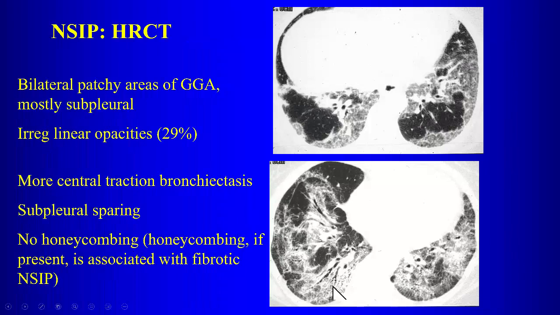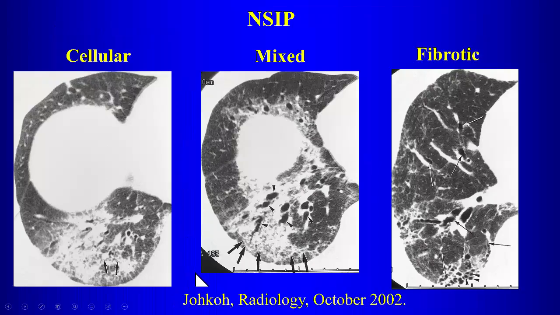On CT, predominantly ground glass, traction bronchiectasis or bronchiolectasis, and subpleural sparing, a very specific finding that can be associated with NSIP. So we like to look for that. No honeycombing. Honeycombing, if present, can be associated with fibrotic NSIP. The more fibrotic the disease gets, then you can see honeycombing.